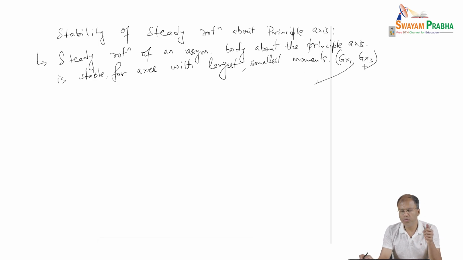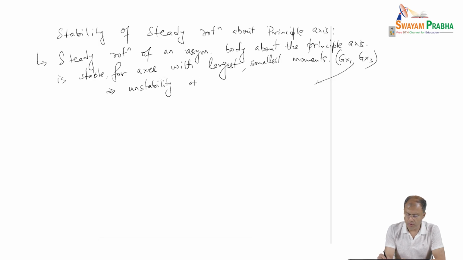So we have found two stable axes, which means the axis in between, the x2, will be unstable. This will correspondingly imply instability about the x2 axis.